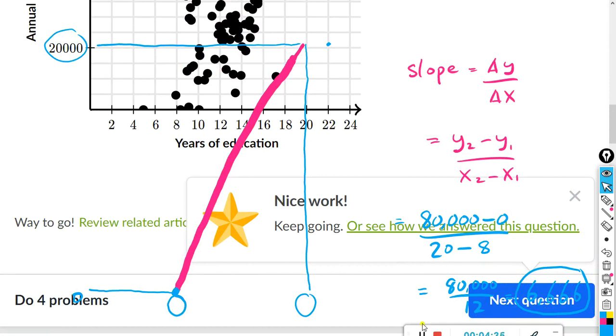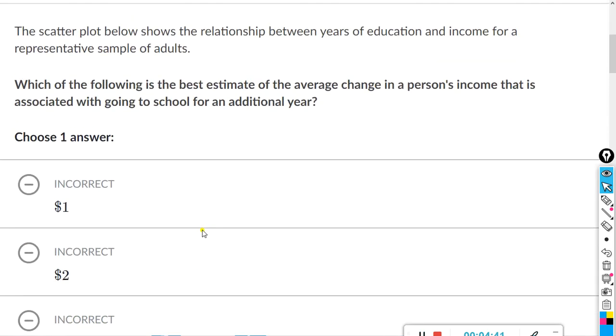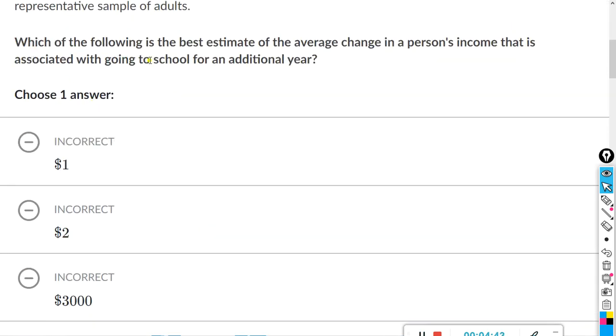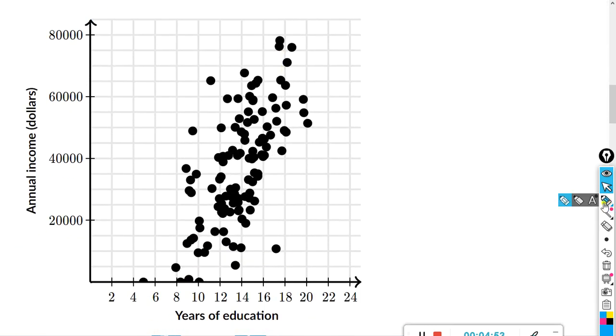Now let's see here. I want to show you that the 7,000 matches what they asked. They asked, which of the following is the estimate of the average change in a person's income that is associated with going to school for an additional year? We said the slope was change in y over change in x.